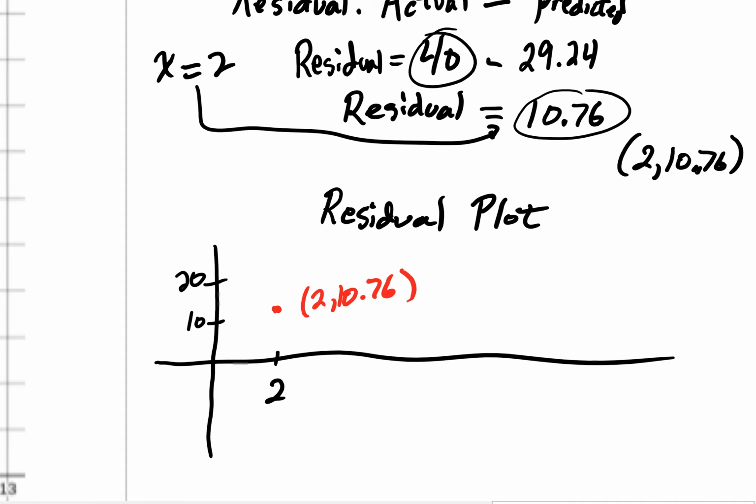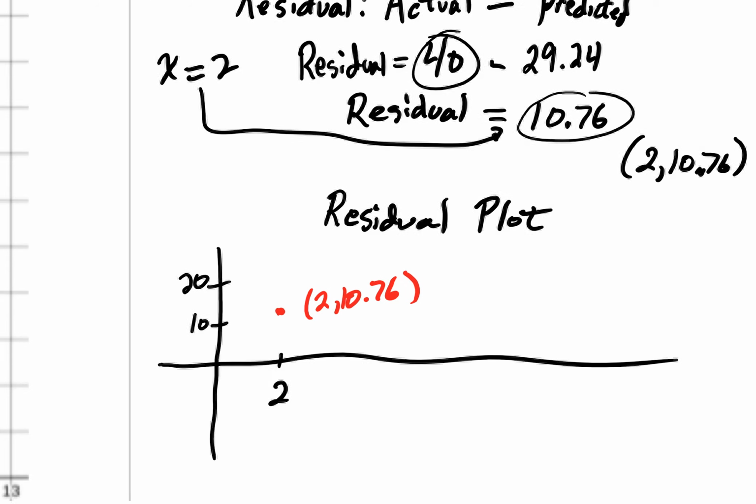So what does a residual plot show us? Well, it's showing us that the actual minus the predicted is a positive value. It's showing us that our actual value is above the line of regression, above the line of best fit. Maybe this will help.